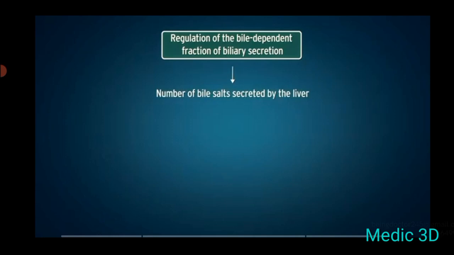Regulation of the bile-dependent fraction of biliary secretion. The bile-dependent fraction of biliary secretion refers to the amount of bile salts secreted by the liver. It depends upon the following factors.